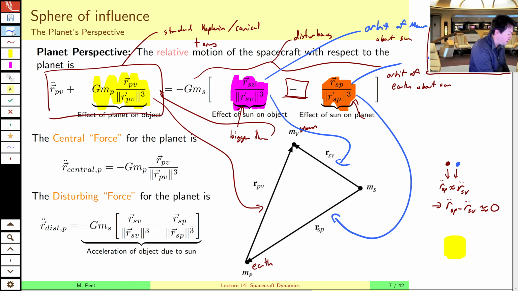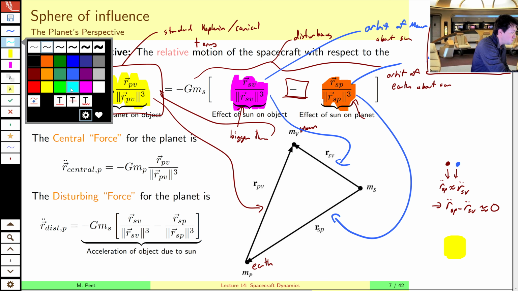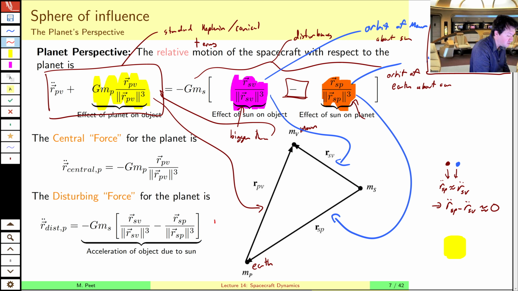So we have to look again at what is the ratio now of the disturbing acceleration divided by the Keplerian.